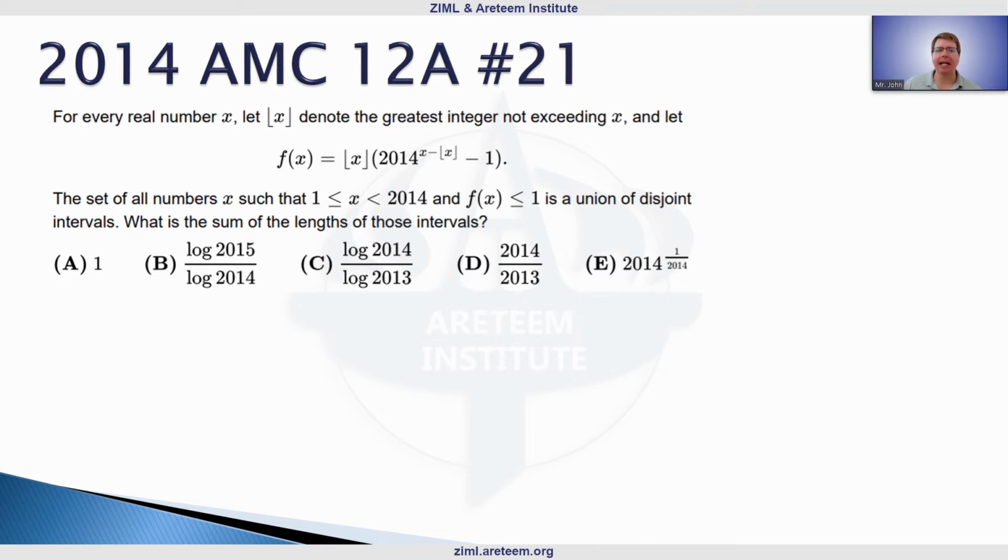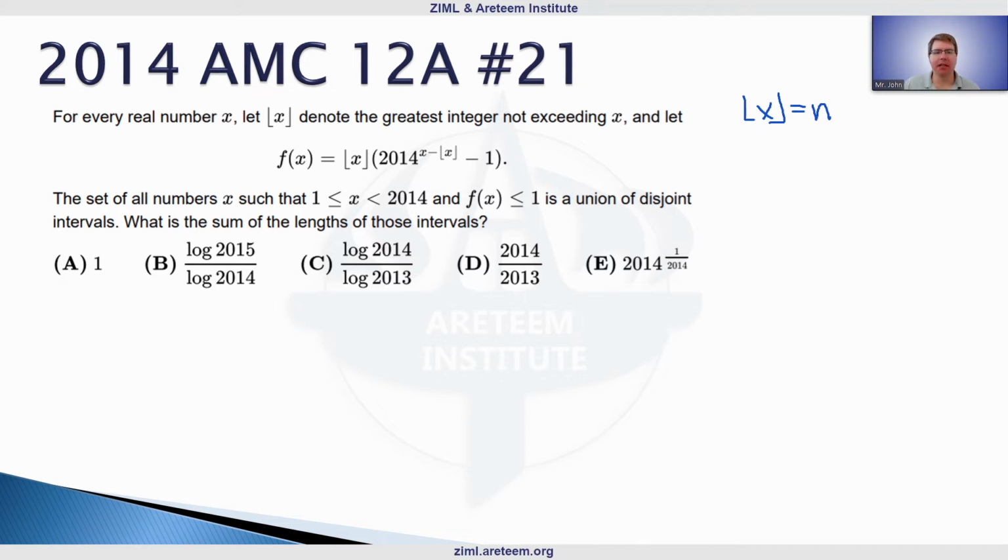The fact that this is an integer is really something we want to take advantage of here. So let's just right off the bat replace that floor of x by n.